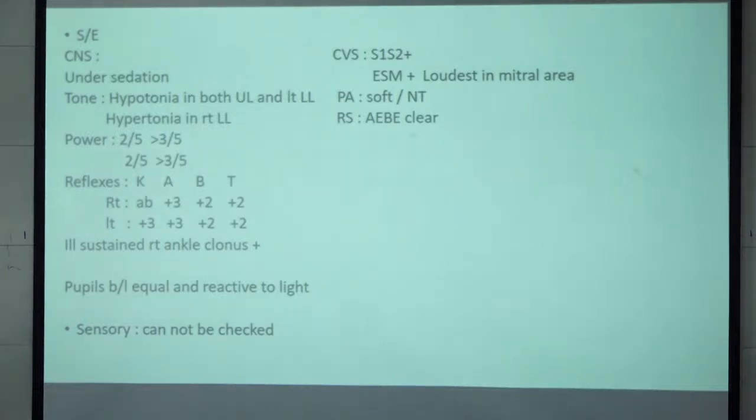Pupils are bilaterally equal and reactive to light. Sensory examination cannot be checked because child is sedated. CVS, S1, S2 present, ejection systolic murmur, loudest in the mitral area. Per abdomen, soft non-tender, and air entry is bilaterally equal and clear.